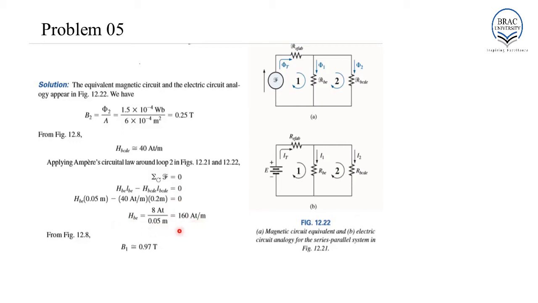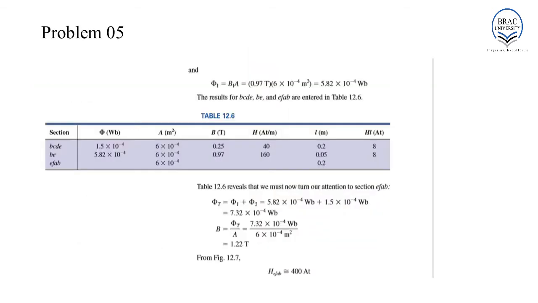Using the BH curve, we can now determine B1, which will be 0.97 Tesla. We know the area of cross section and we know the value of B1. Thus, we can easily determine the value of phi 1, which will be equal to 5.82 into 10 to the power minus 4 Weber.